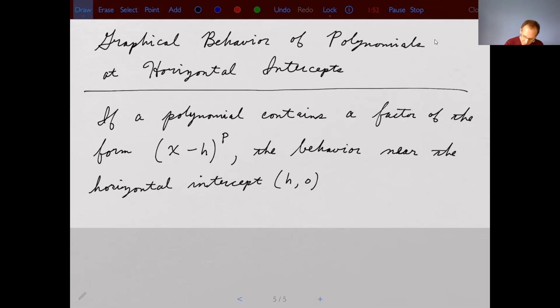It's determined by the exponent. I'll write it that way. Is determined by the exponent p.